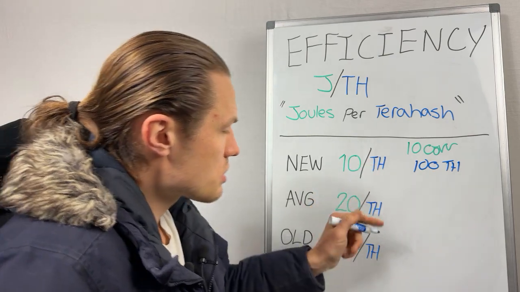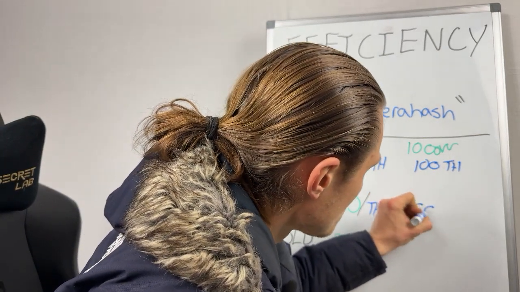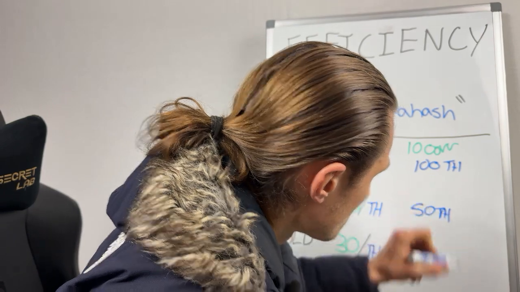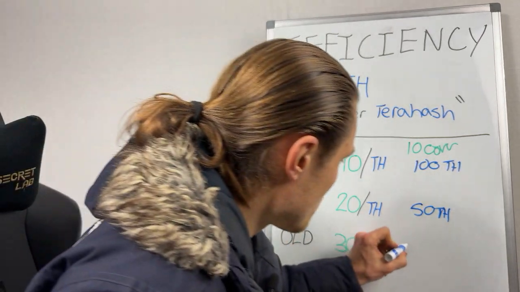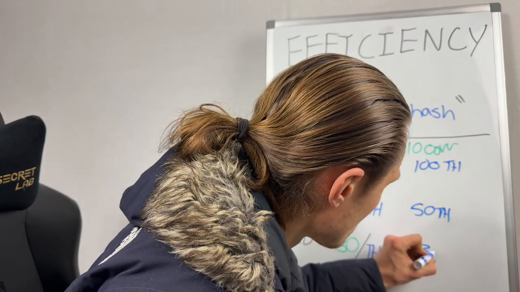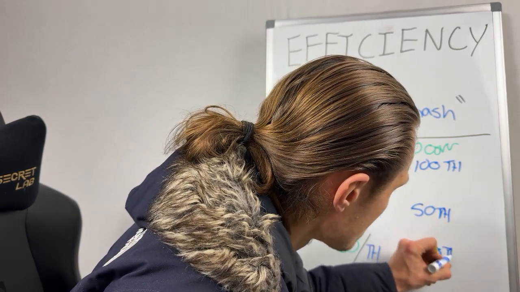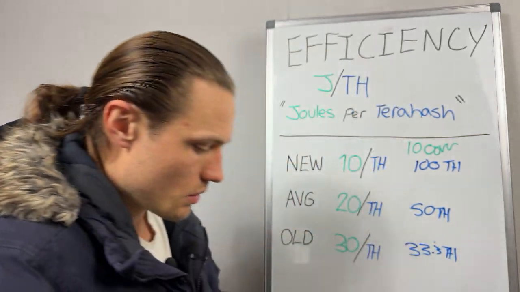20 joules per terahash over 1,000, that's 50 terahash per kilowatt. And this one, 33.3 terahash per kilowatt.